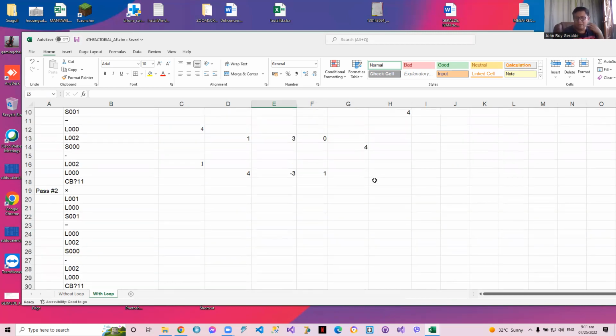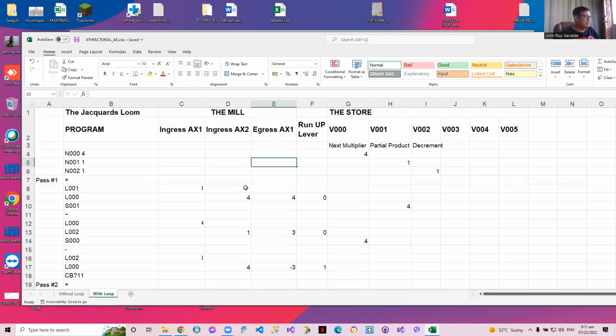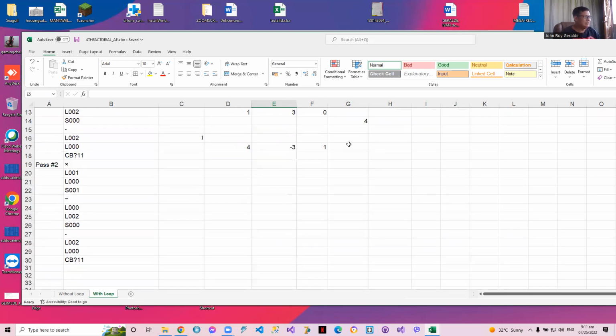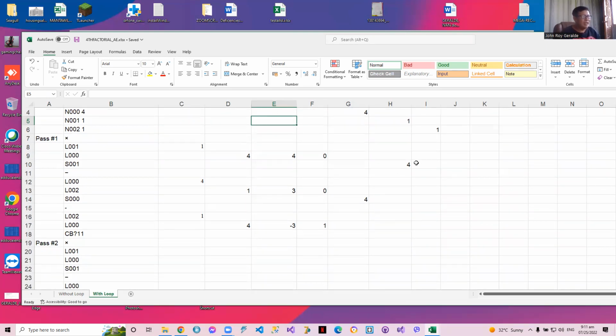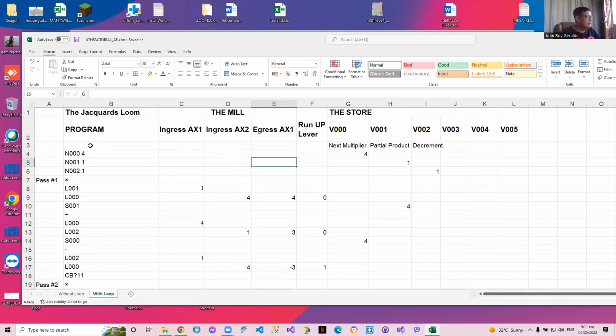Do you follow? So, we are now on the second pass. Okay. Fourth factorial only, times. Where is L01? Here, in G, no? In G. Okay. So, the last values are 4, 4, 1. Okay? 4, 4, 1. L001. Let's freeze panes.